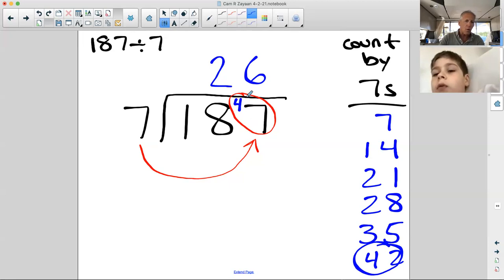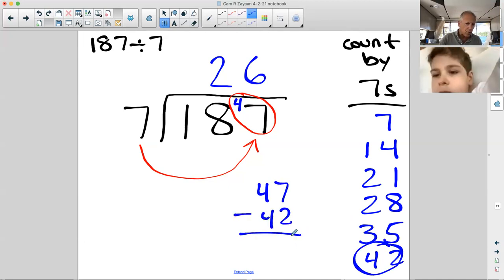After you take 42 away from 47, here's my 47. I'm taking away 42. Come on, what's left over? 7 minus 2 equals 5. That's it. 4 minus 4 equals 0.